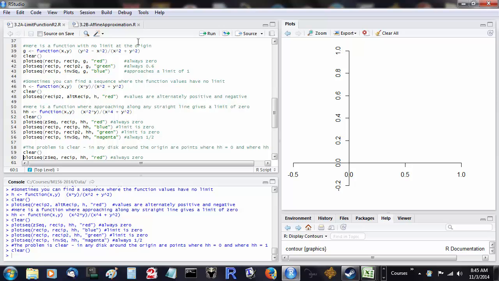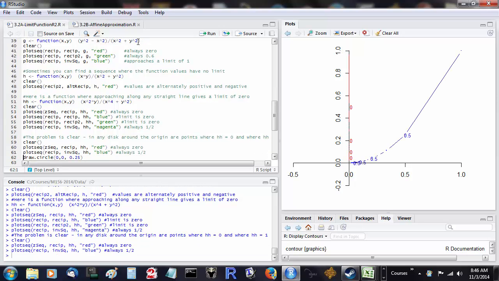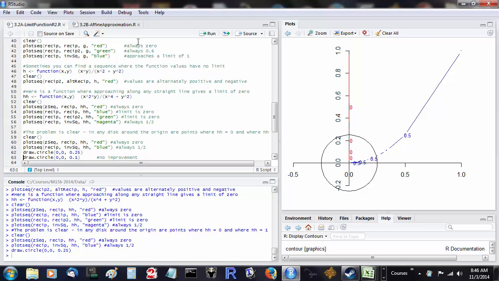I can clear the plot, and this time draw a circle of radius 1/4, and you can see inside that circle there are points on the parabola where the function value is 0.5. There are points along the y-axis where the function value is equal to 0.